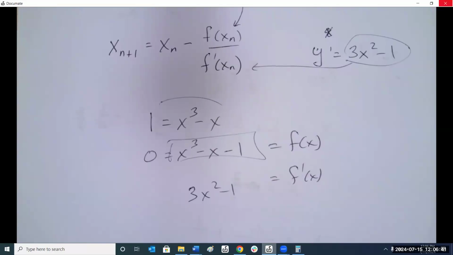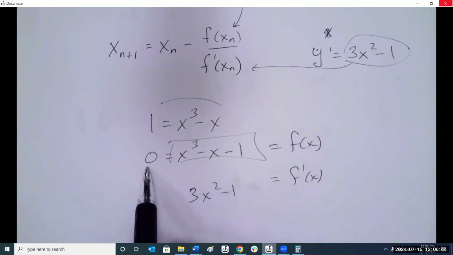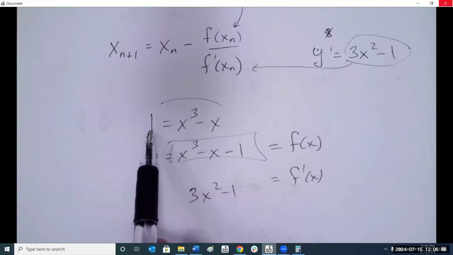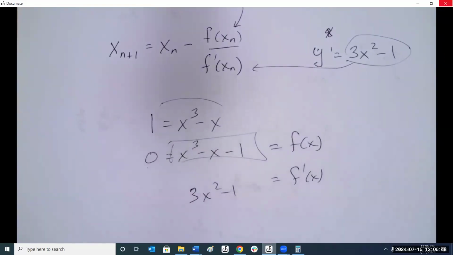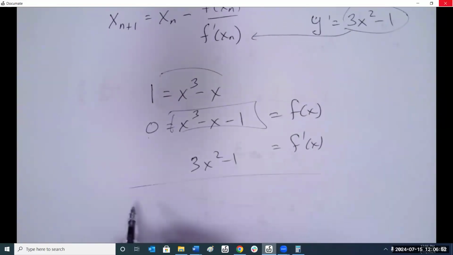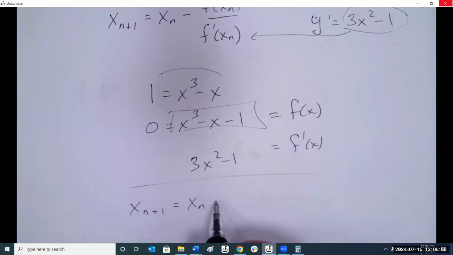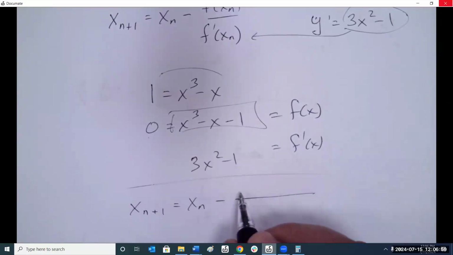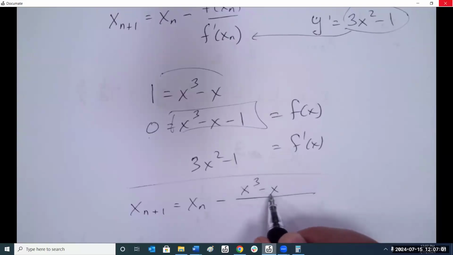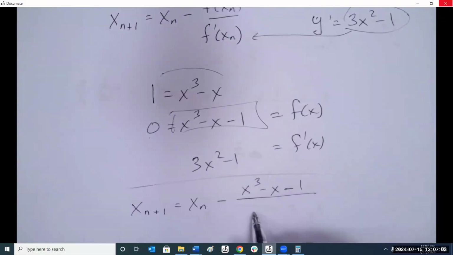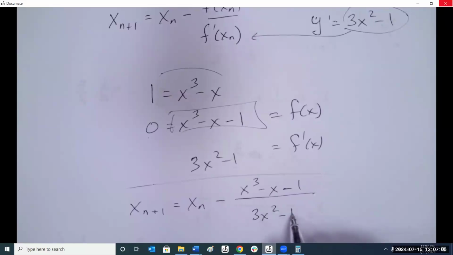Remember, the x-intercept is finding where it equals 0. So even though it's asking for where this one is, we just have to make it to where it's 0. So our formula for our x values will be x³ minus x minus 1 over 3x² minus 1.